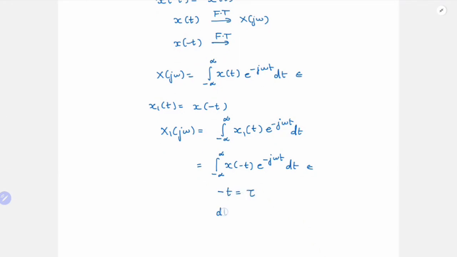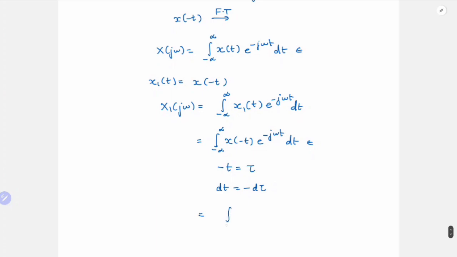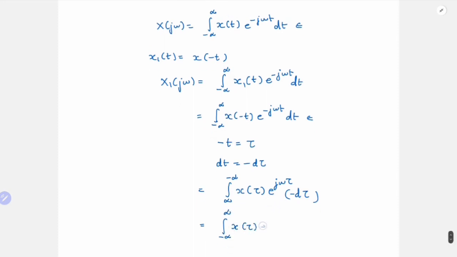So then dt becomes minus d tau, right? And the integral limits become from infinity to minus infinity. So x of tau e power, here there is minus t, that also becomes tau. And it becomes minus d tau. But this minus we can take to invert the integral limits, right? So x of tau e power j omega tau d tau. Now there is x of tau and this is x1 of j omega.